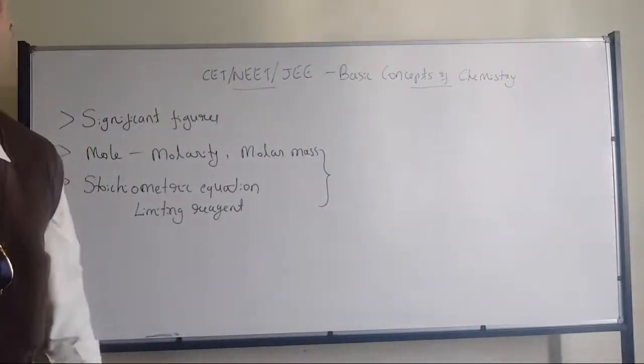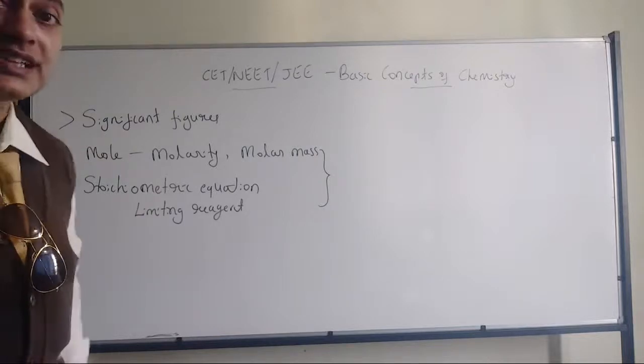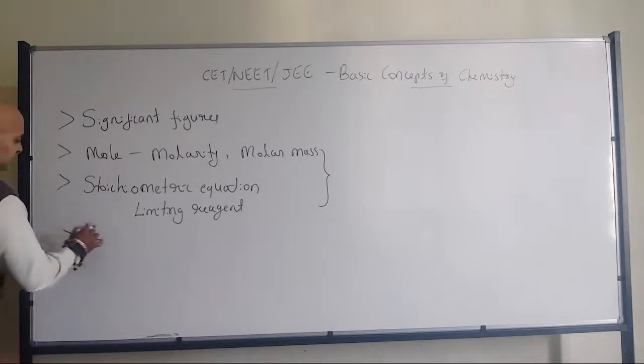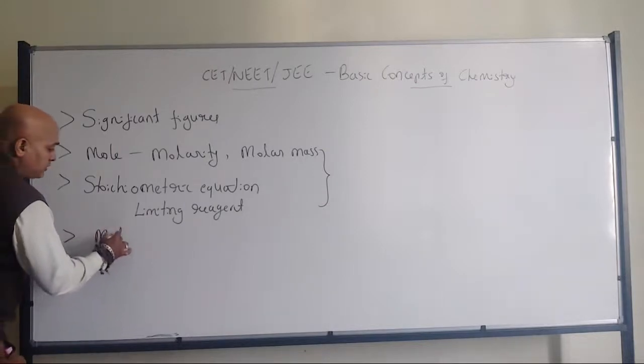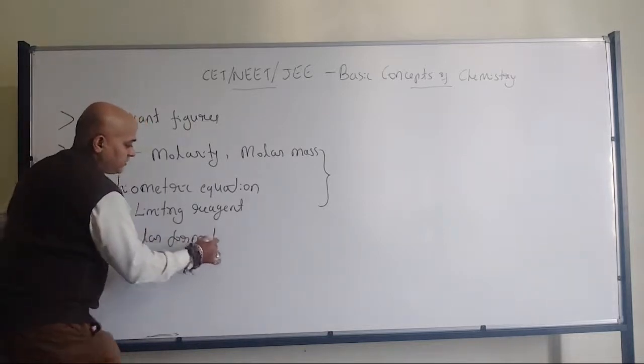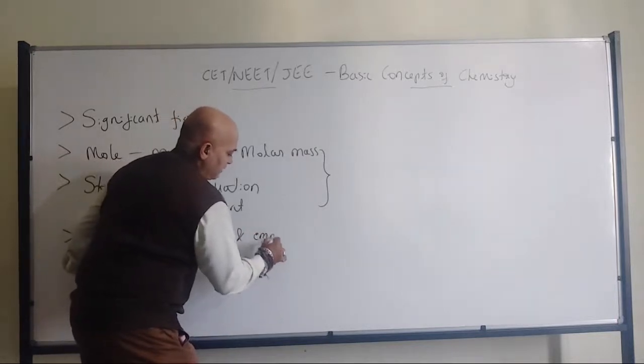Maximum time they have asked the questions from these two parts, that is molarity, molar mass, then with respect to stoichiometric equation, that can be with respect to limiting reagent. Okay, so what I mean to tell here is, by using this concept you can solve those types of problems, which many times they have asked. And the last one is with respect to molecular formula and empirical formula.